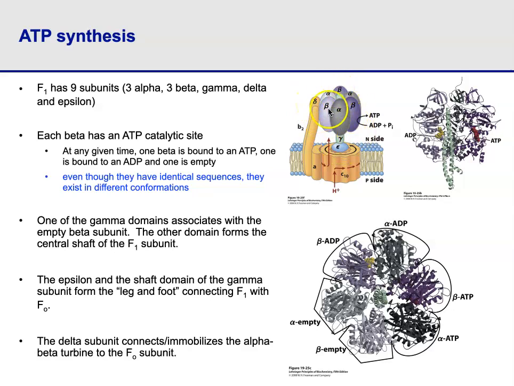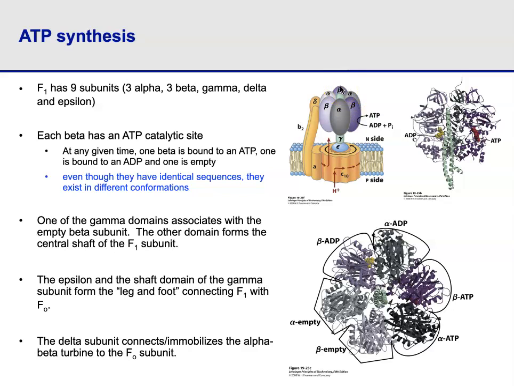Now, the alpha and beta subunits, like I said, form the propeller. The beta subunits have the ATP binding site. However, at any given point in time, only one of the 3 beta subunits will be associated with ATP, while another one will be associated with ADP and Pi, and the third one will be empty of nucleotide.